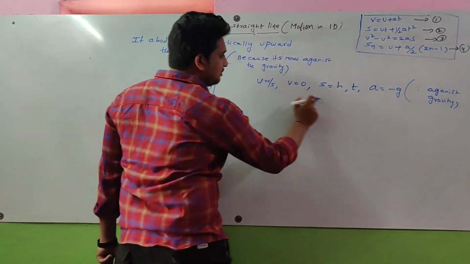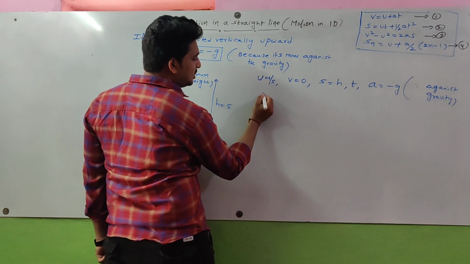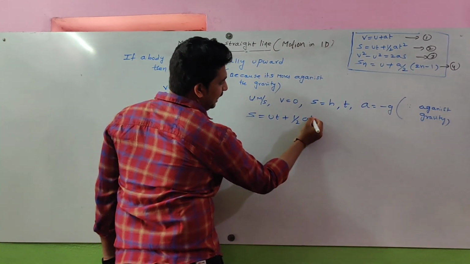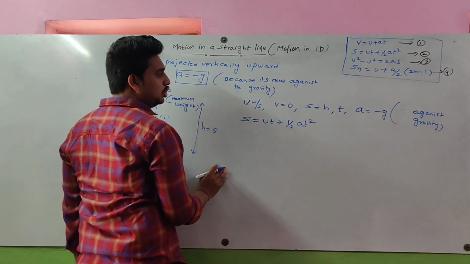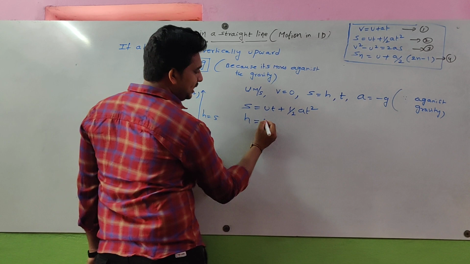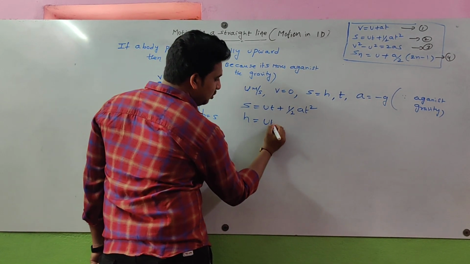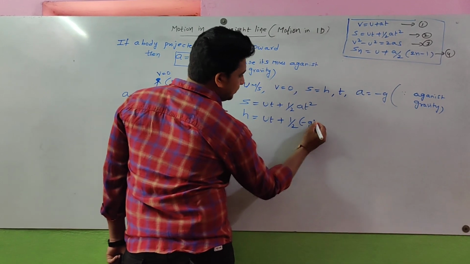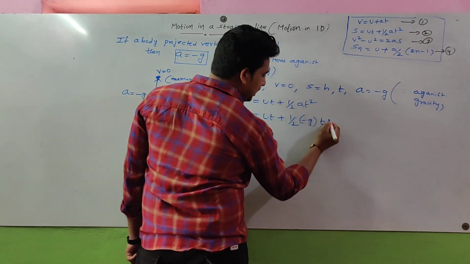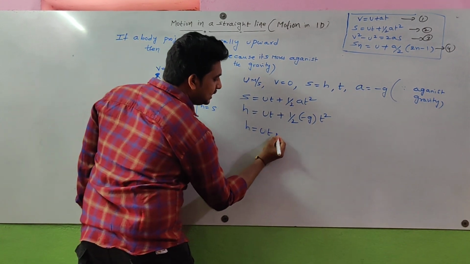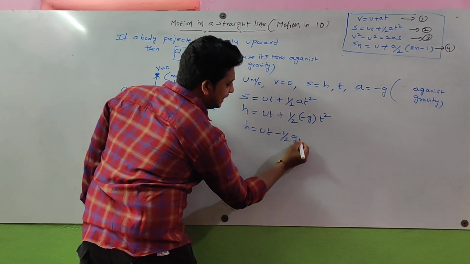So now substitute these values in equation 2. What is equation 2? s is equal to ut plus half at square. s means h is equal to, u means u only, t means t only, plus half into acceleration means minus g, t square. That means what we got here, h is equal to ut minus half gt square.